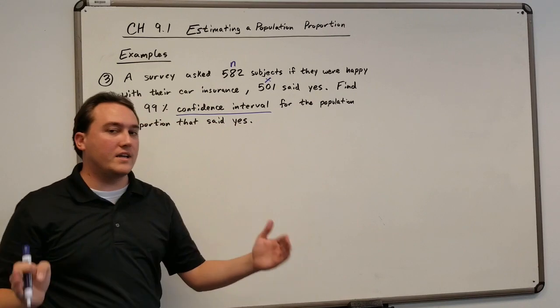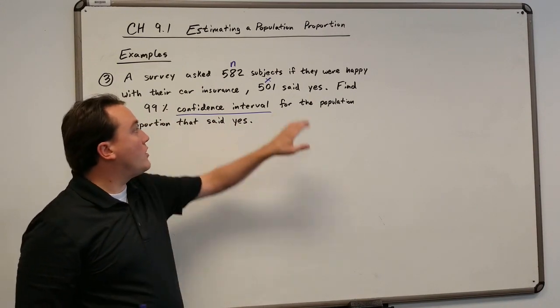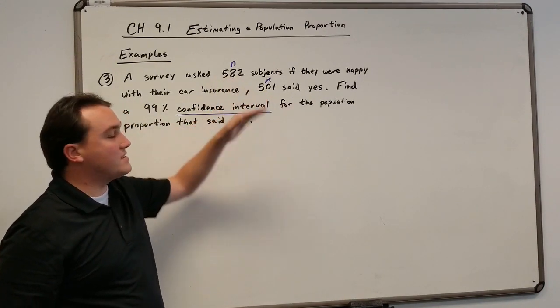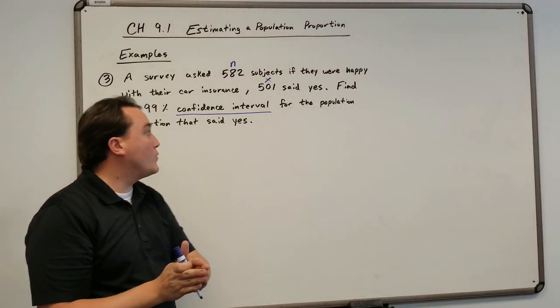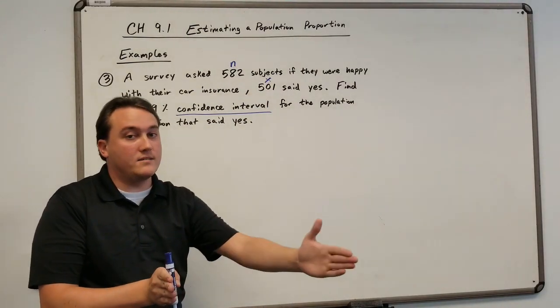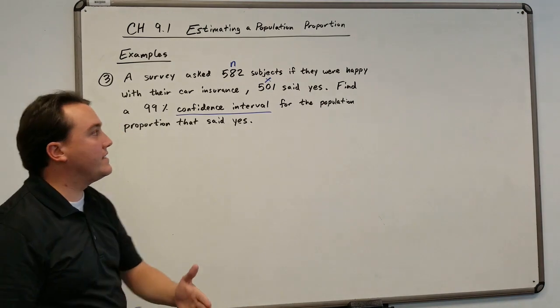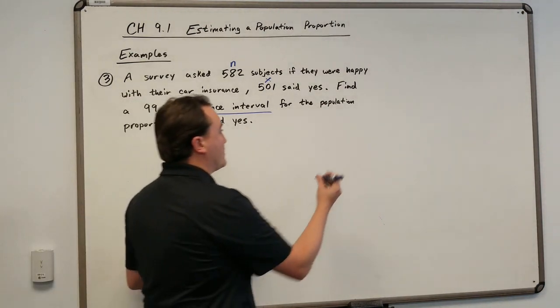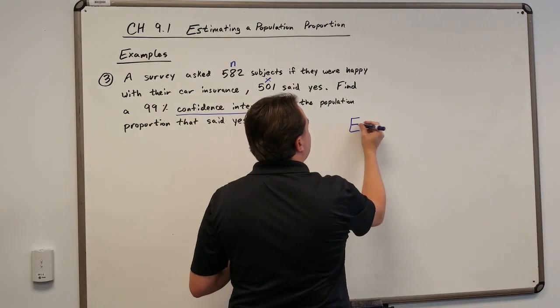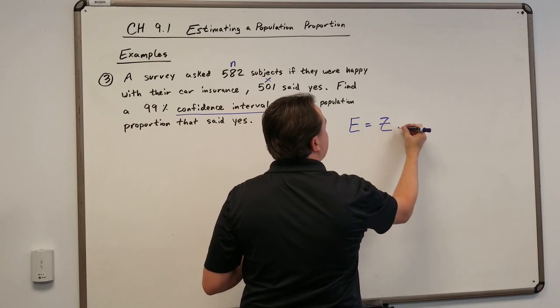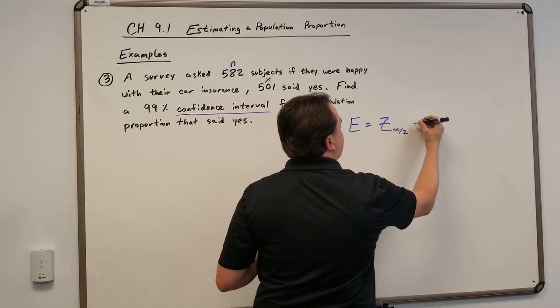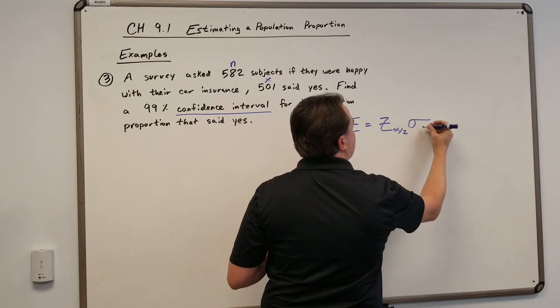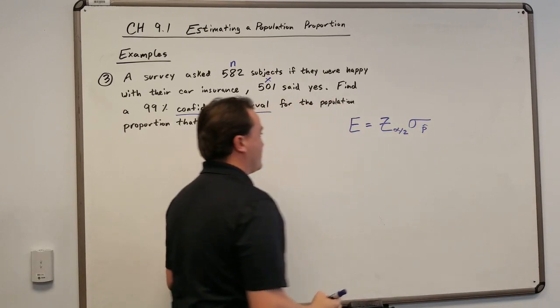Okay, so if we're finding an interval, and we know our proportion that said yes, which is our mean, then we need the error to add and subtract to that mean, and that'll give us that interval. Okay, so the error equation is E equals Z alpha over 2, times the standard deviation of the population proportion, right?